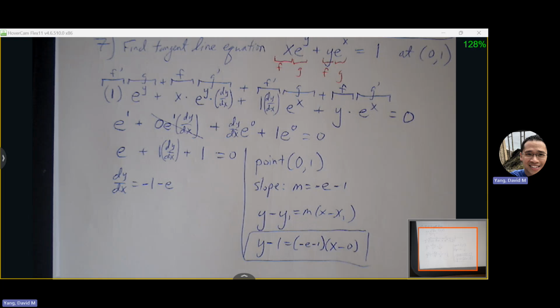Okay, example 8, find the second derivative. Let's try that.